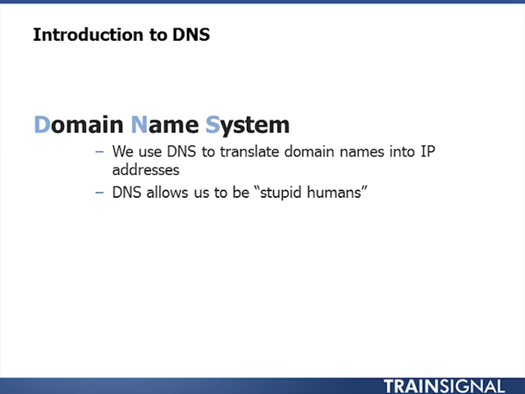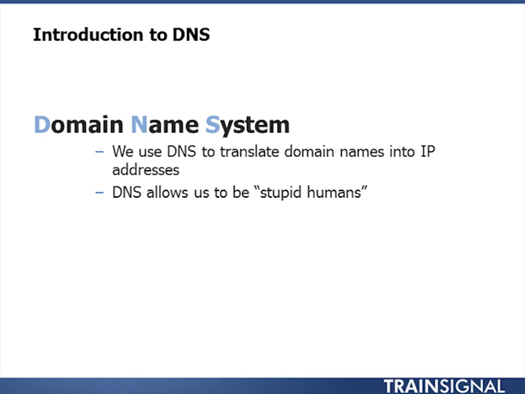Now, what do I mean by stupid humans? What I mean is, when I want to go to my favorite website, I, as a stupid human, am able to remember it by its name, but I can't seem to remember it by its IP address. Think of your favorite website. And I know what your most favorite website is, and that is trainsignal.com. But do you know the IP address of trainsignal.com?